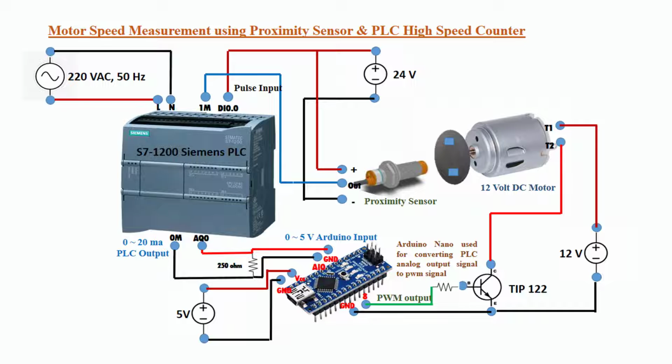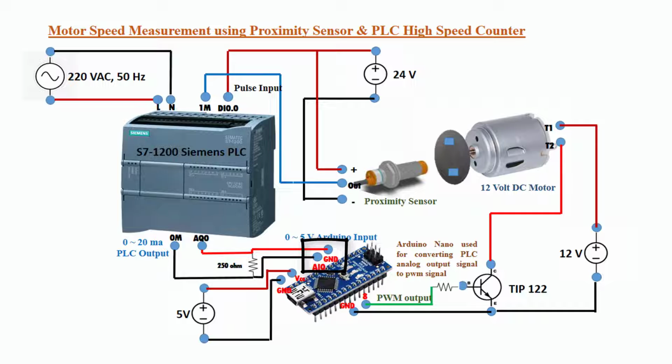In SCADA operation, the motor will be run at different speed and the speed will be shown in revolution per minute or revolution per second. To run the motor at different speed, PLC analog output will be used. PLC analog output will be configured as 0 to 20 mA DC signal, which will be converted to 0 to 5 volt DC through the 250 ohm resistor.